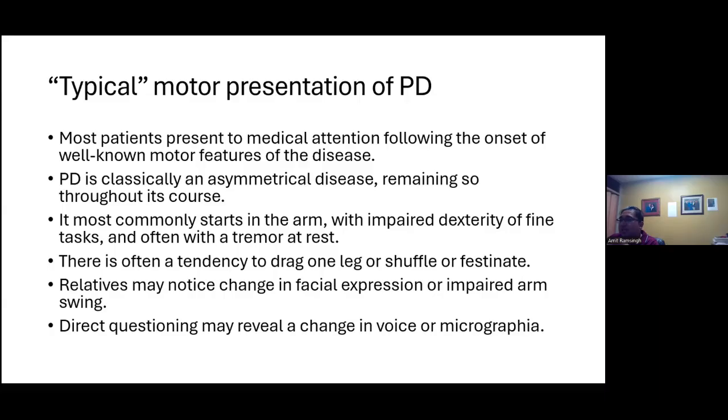It commonly starts in the arm with impaired dexterity and a tremor at rest. There's a tendency to drag one leg, or to shuffle, what we call festinate. Relatives could also notice a change in facial expression or impaired arm swing, and direct questioning could reveal a change in the voice in terms of volume, fluctuations, and intonation.